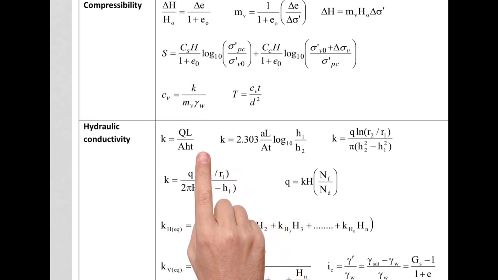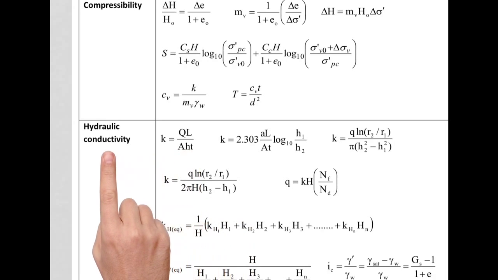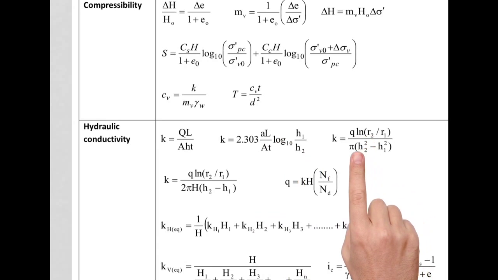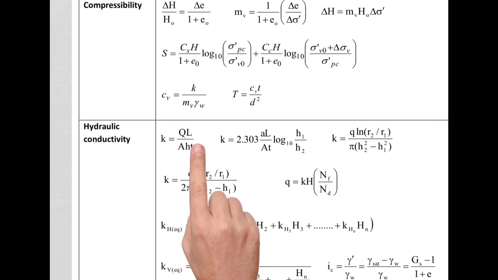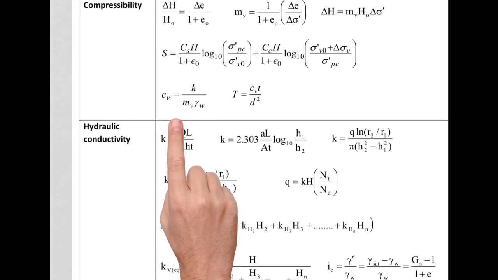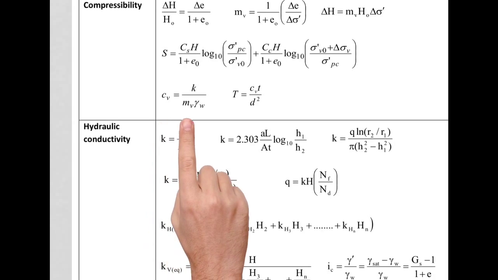I should go to the formula sheet, and here we have the hydraulic conductivity section. Which equation am I going to use from here? This is a really very important question. Which equation represents the case of the constant head permeability test? This is the equation.